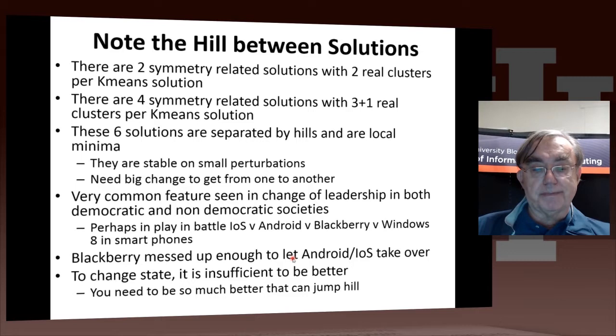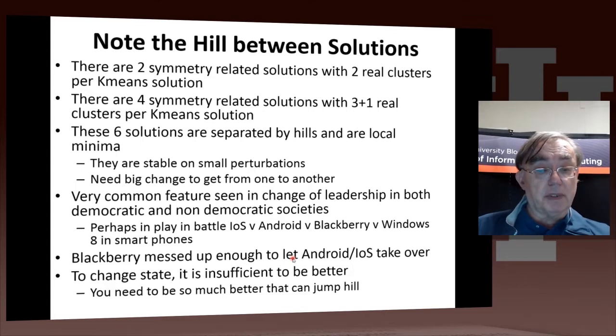I mean, if you look at things like which operating system is important for smartphones, currently you have a balance between iOS and Android with those roughly equal, with a certain amount of BlackBerry and a rather small Windows 8.